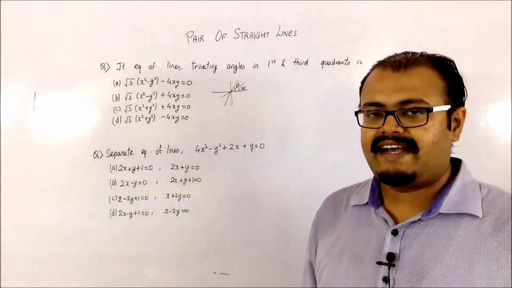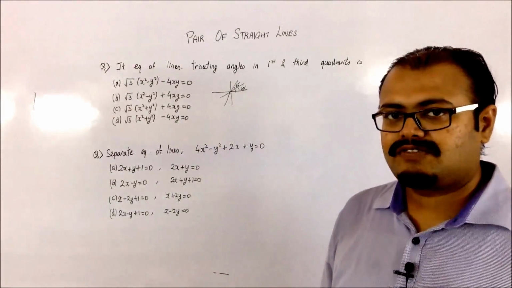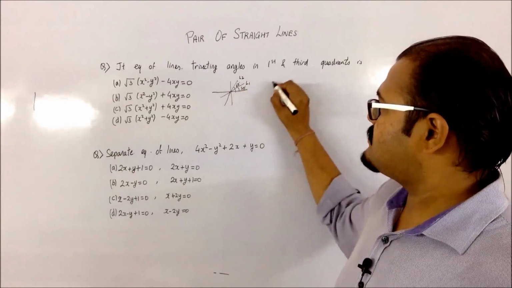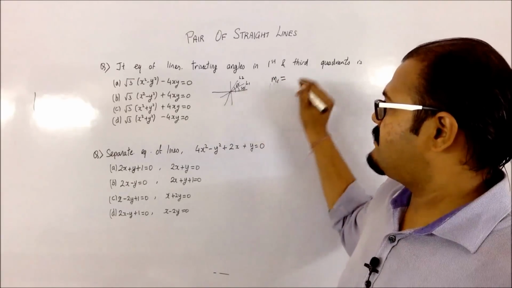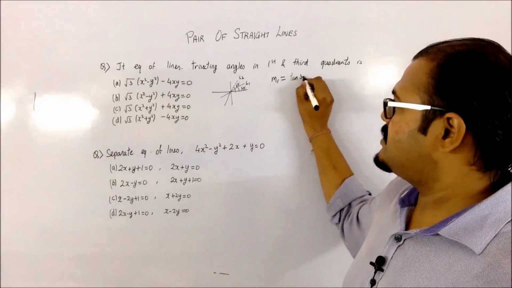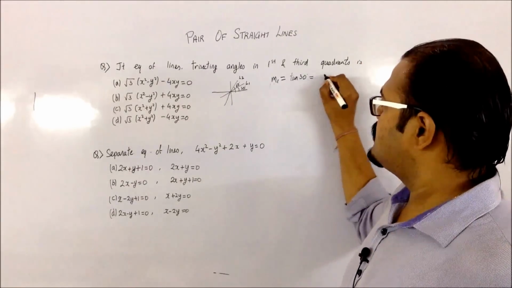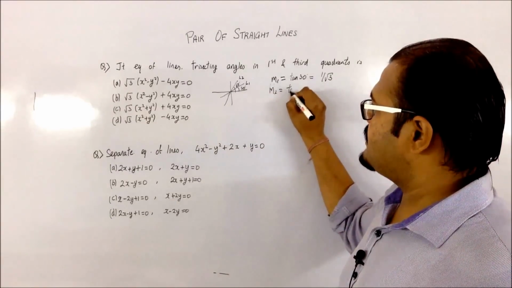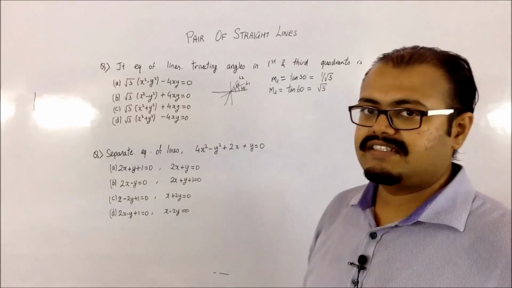Since I know the angles, I can find the slopes. Let the slope of L1 be M1, which will be tan 30, giving the value 1 by root 3, and M2 will be tan 60, which gives root 3.